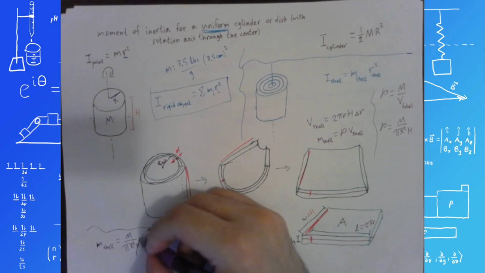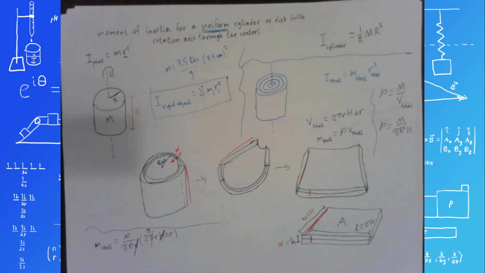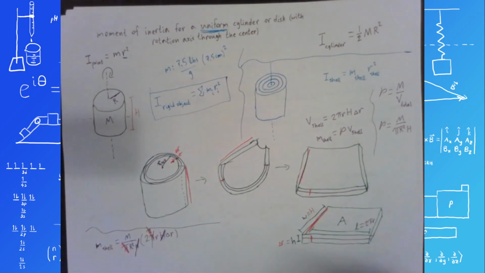And we see now from the H canceling out why the height does not factor into the moment of inertia formula for a cylinder that you see in most textbooks. So we're starting to see more and more of how we are supposed to get here. Come to think of it, it was not such a bad thing that I crossed out the pi, because the pi also cancels out with this pi over here. Okay, the day has been saved.